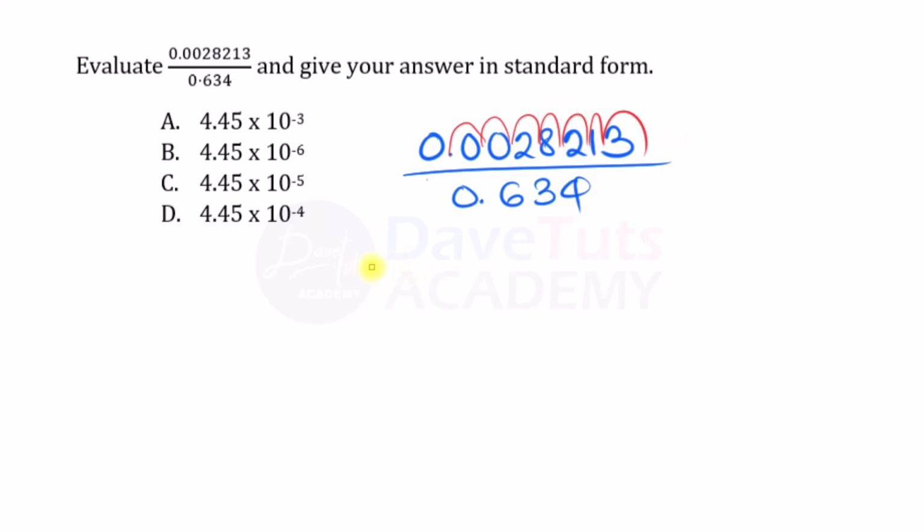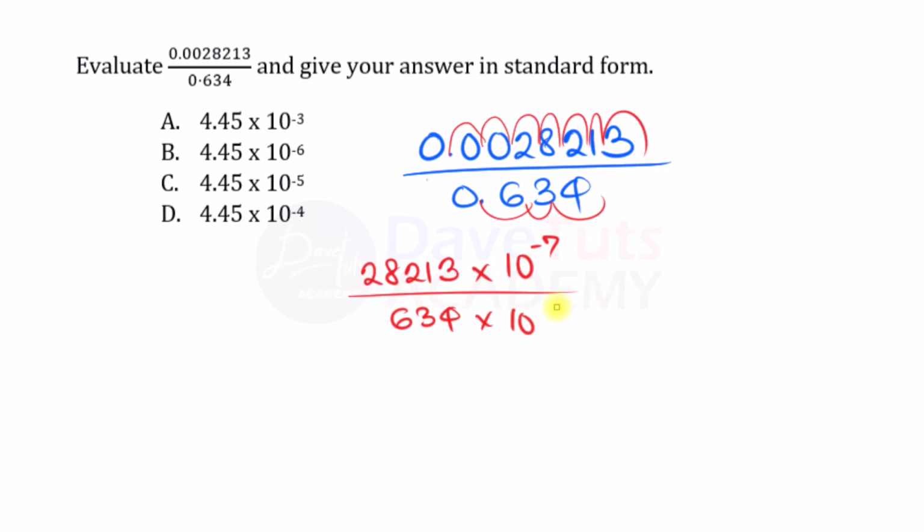So this is 28213 multiplied by 10 raised to power minus 7 over, now I'm moving this 1, 2, 3, 634 multiplied by 10 raised to power minus 3.